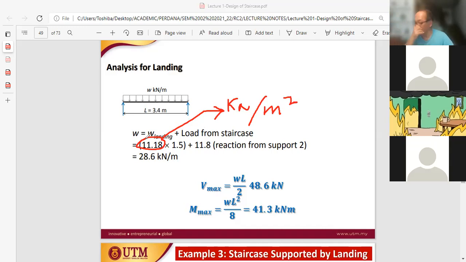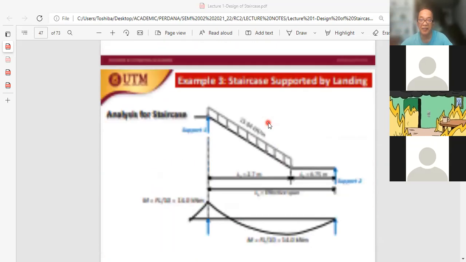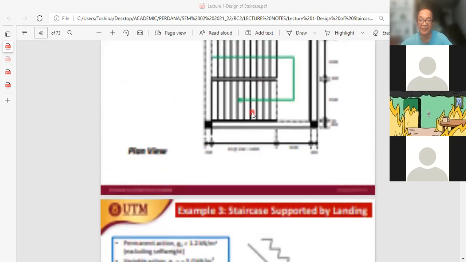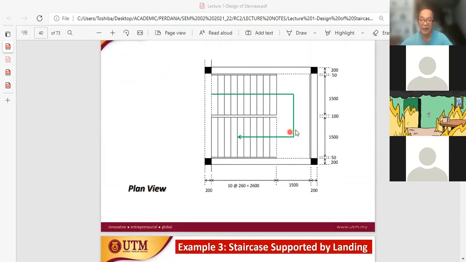Now, looking at the floor plan view of the drawing, the sketch, it means the original loading is 11.18 kilonewton per meter square on the landing.